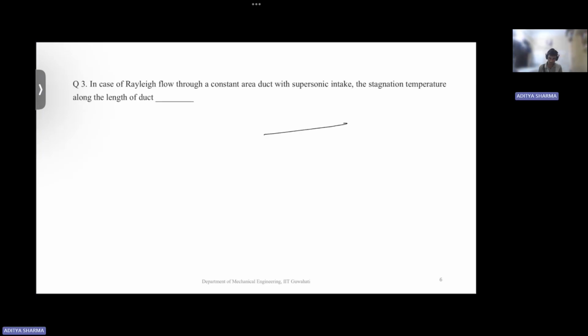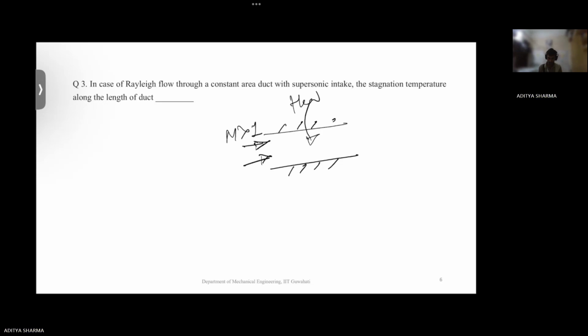If we have some duct and there is flow with Mach greater than 1, and Rayleigh flow basically means heat is being added here.